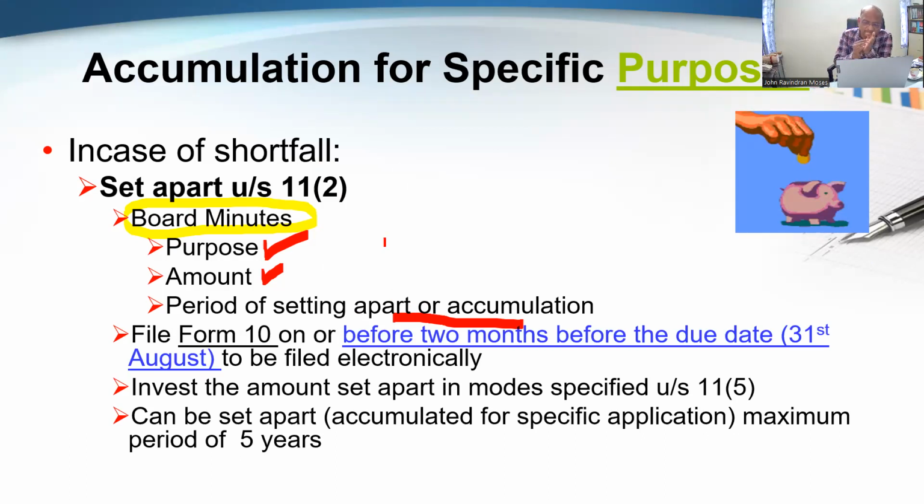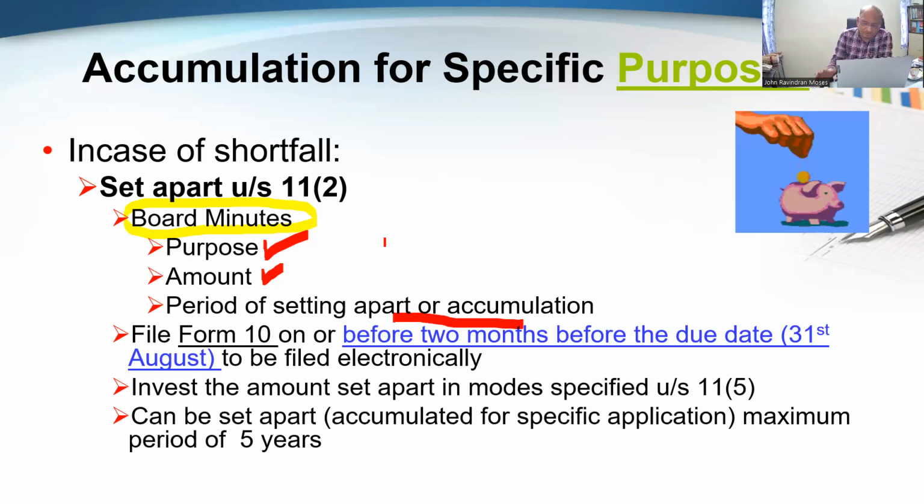And this classroom will be constructed within a period of 4 years from now. Or they will say that, supposing the board meeting is held on 31st March 2023, on or before 31st March 2027, this building will come into existence.